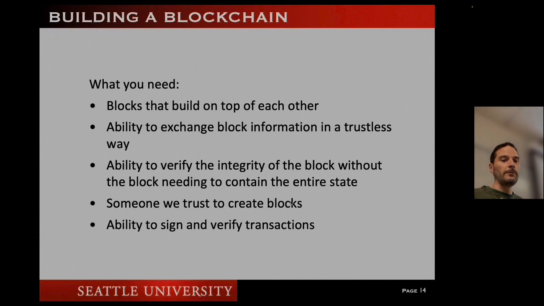We have the ability to verify integrity of the block without the block needing to contain the entire state by using Merkle trees. We trust someone to create blocks in proof of work. That's through the cryptographic puzzle. And then we have end users that are able to sign and verify transactions and submit those on chain to get mined. So those are really all the building blocks that you need to build a blockchain.